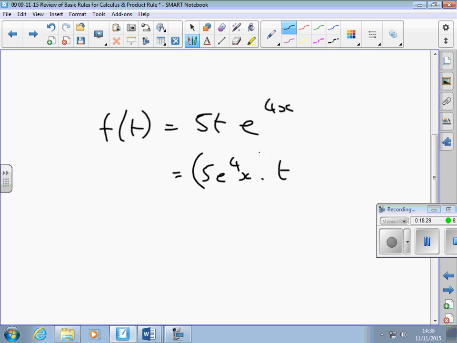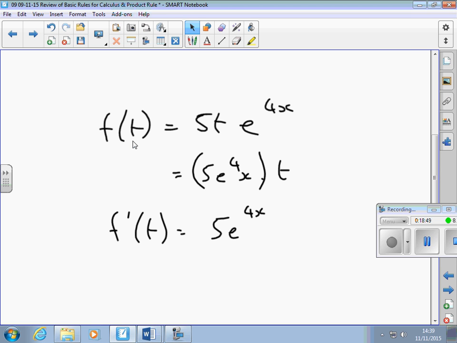So it's a constant times t. So I'd apply the rule for the constant times t, 4x or ax, and in this case the t would disappear, and so the differential would be 5e to the 4x. Don't need the product rule because in this case t only appears once.